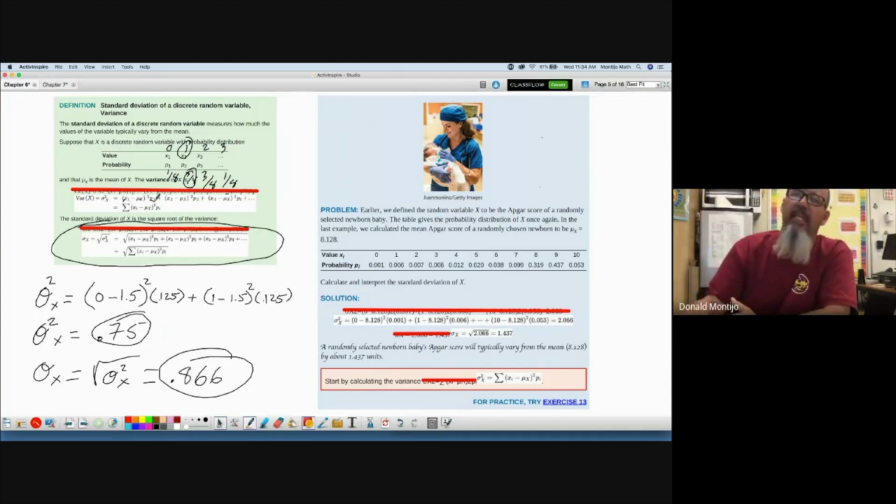And then to get to the standard deviation, we just take the square root of the answer from the variance. So now for a discrete random variable, we know how to talk about the shape, center, and spread. Shape, make a histogram. Center, find the mean. Spread, find the variance, and then the standard deviation. Okay? And here's an example for your use later on.